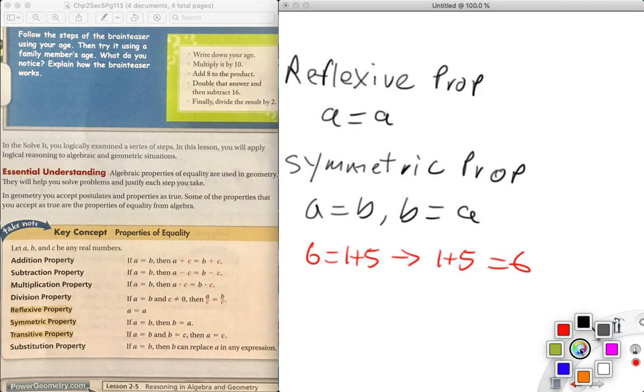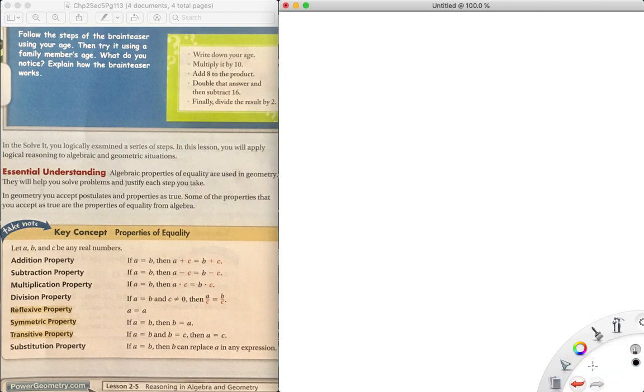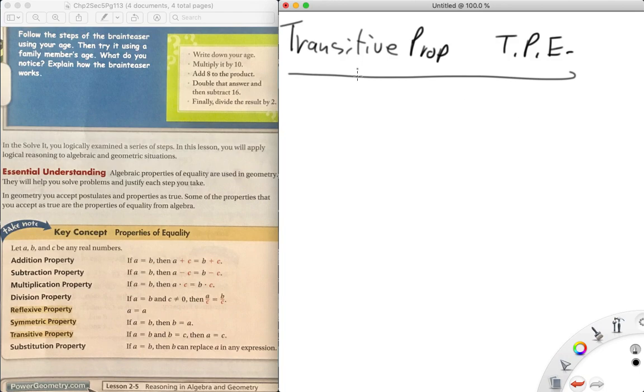Transitive property of equality. We've also seen this one as well. I'm going to call it TPE, and it's going to be important that you say the transitive property of equality, and that says this.